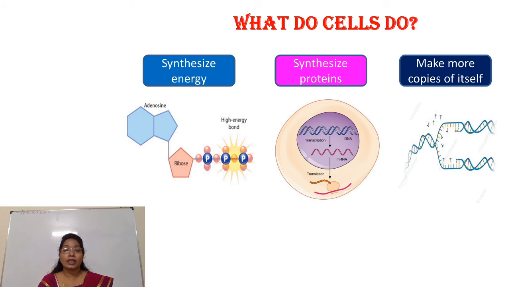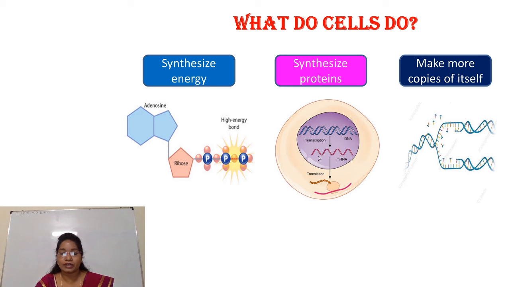Next, what is the function of these cells? There are three important functions of cells. First, they synthesize energy in the form of ATP. The next function is that cells synthesize proteins.